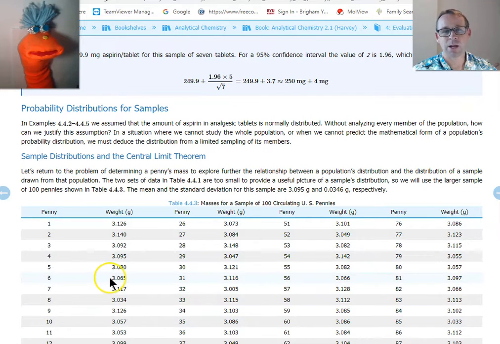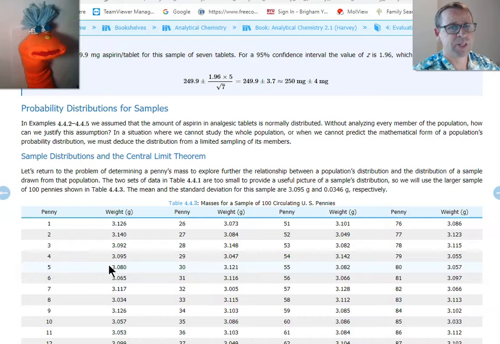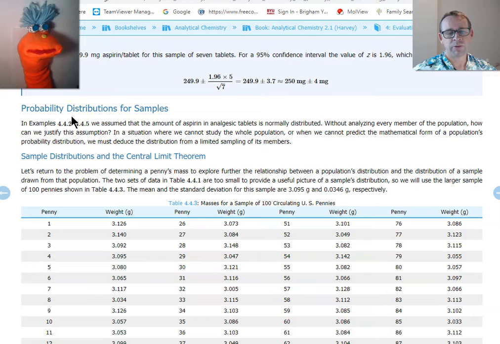But that's not always necessarily the case if it's not a very large population, for example, or if we just don't have enough information about the population. So we need to have a method for learning about the population's probability distribution. And so that's what we're going to talk about now.